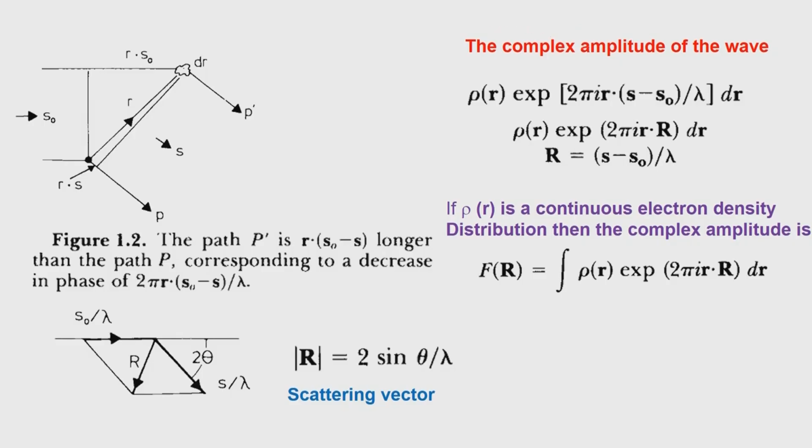So we now look at the complex amplitude of the wave, the so called E naught. The E naught can be equal to, if there is an electron density rho of r d of r that is present in space, let us say, and then you are sending in the X-ray beam.